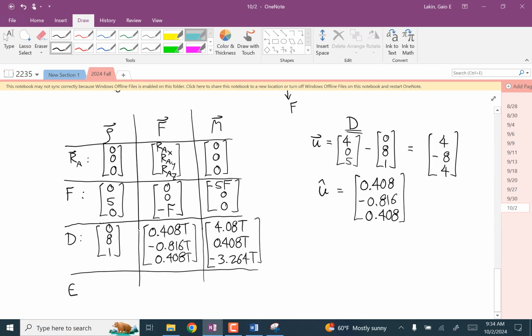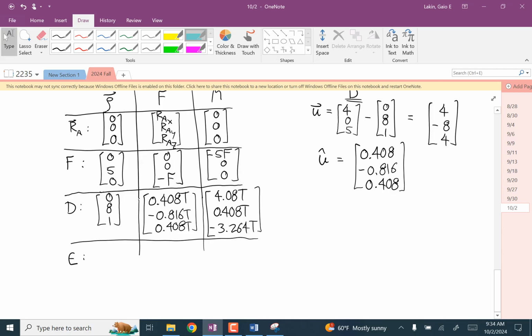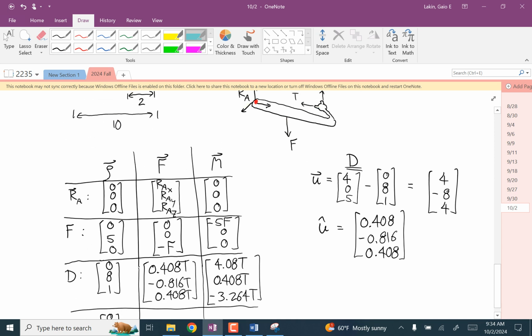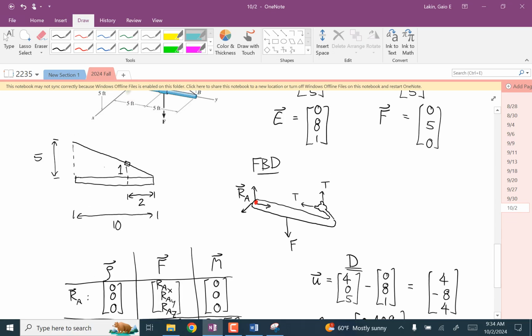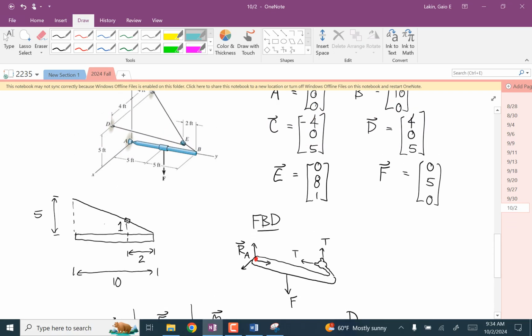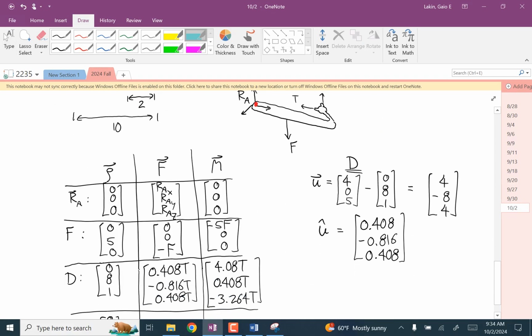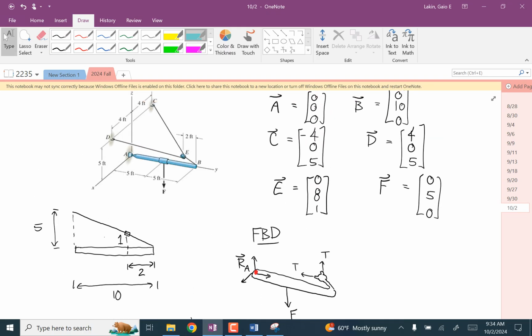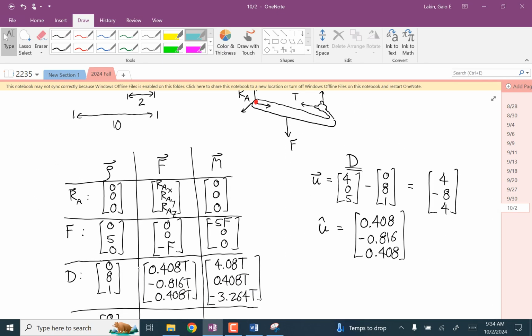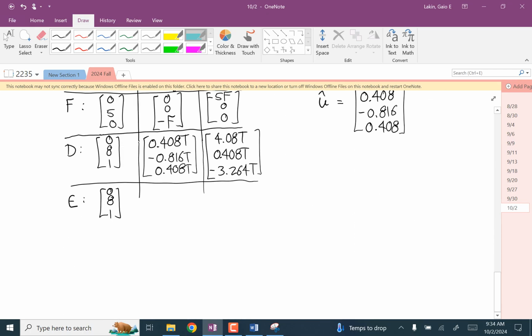And then for the one going to E, the row vector is the same because that force is at the same point. The only difference is we are going the other direction in X. Oh, this is C, not E, right?